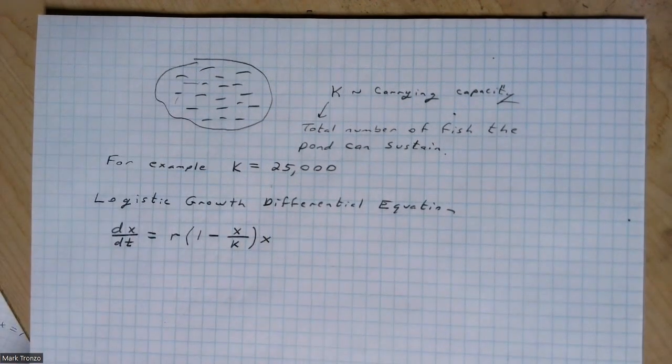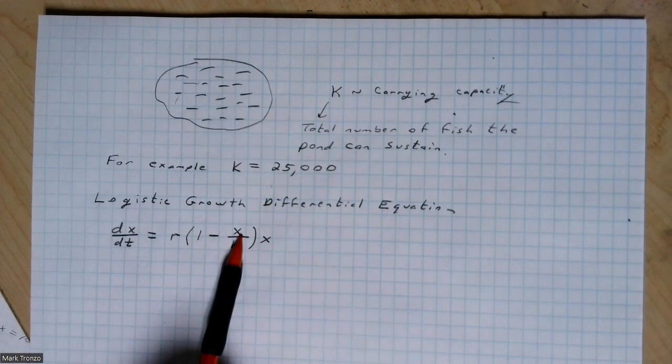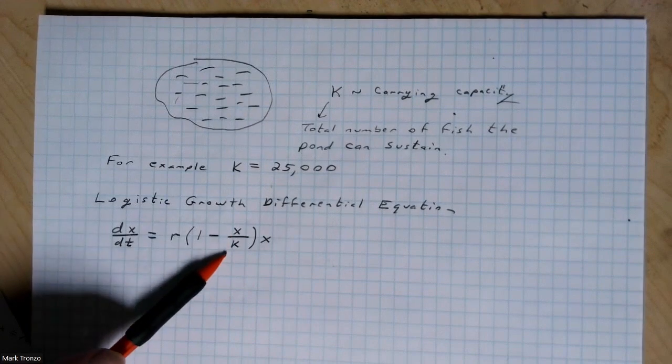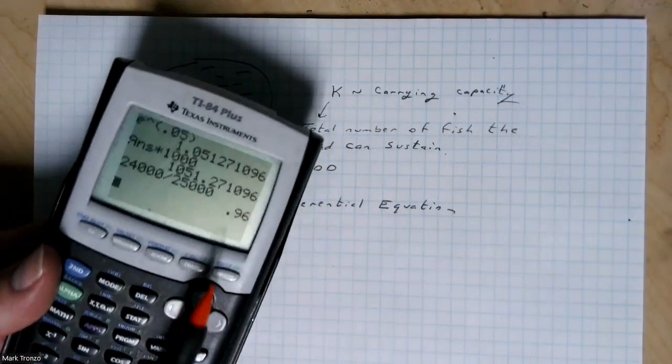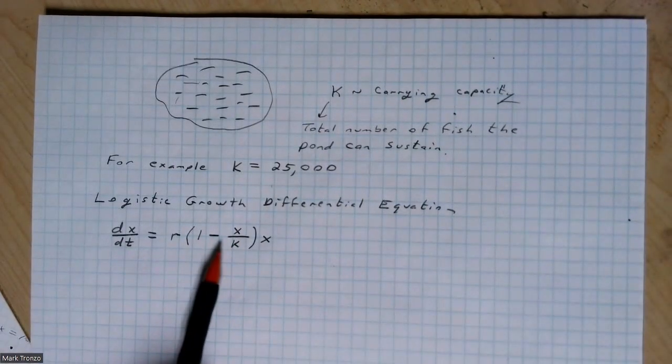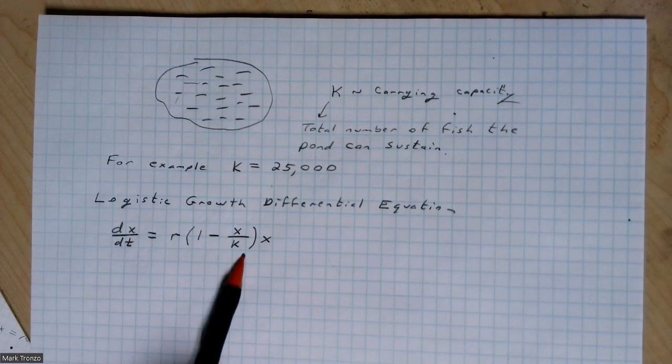So like I said, if we're up to, let's say, 24,000, for example, let me put that in my calculator. If at any time the population of fish gets up to 24,000 and the limit's 25,000, then 24,000 divided by 25,000 is going to be, I got 0.96 on my calculator. And then this difference, 1 minus 0.96, is 0.04.